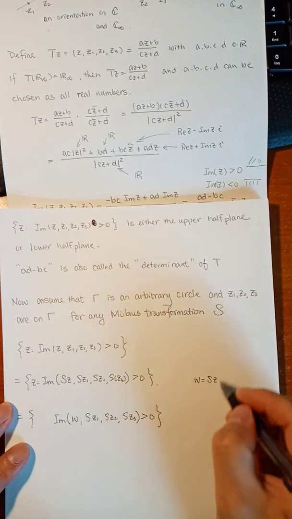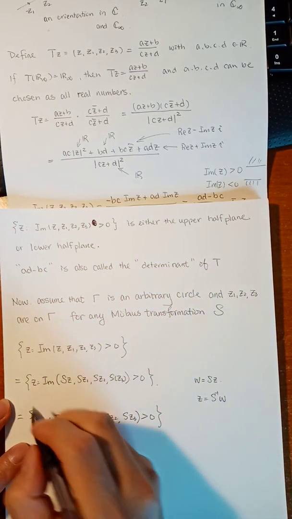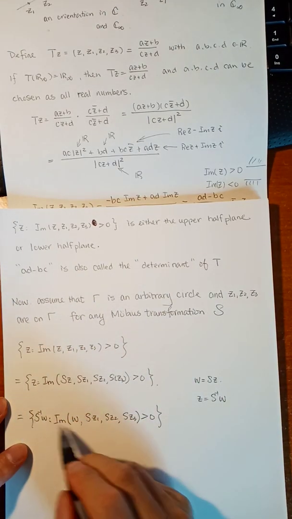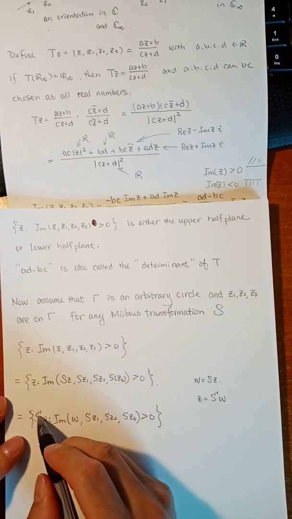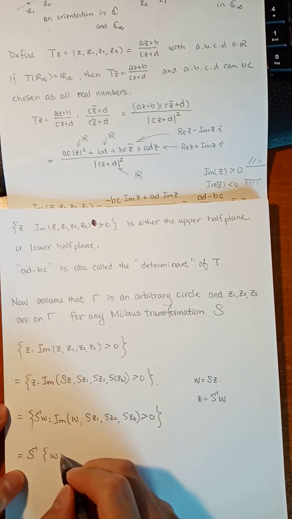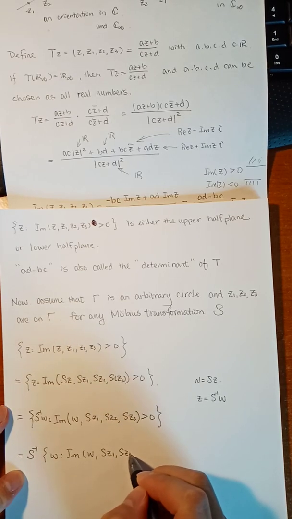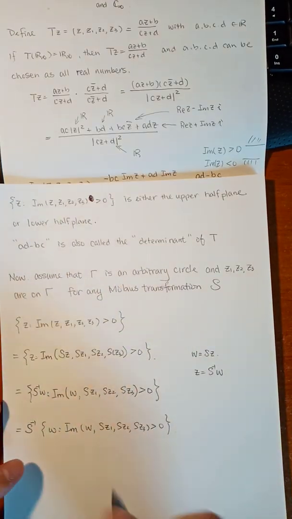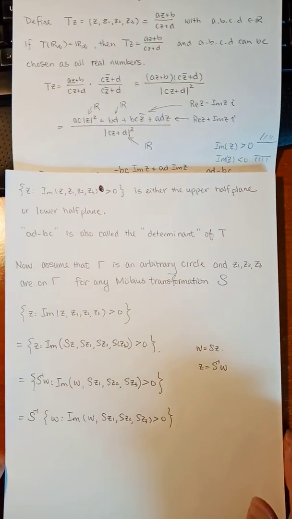I just use substitution, and Z becomes S inverse of W. Whenever you have a complex number such that this cross ratio has a positive imaginary part, you apply S inverse, so you can move this S inverse outside of it. And then you replace this W by Z. You can use whatever letter, right?